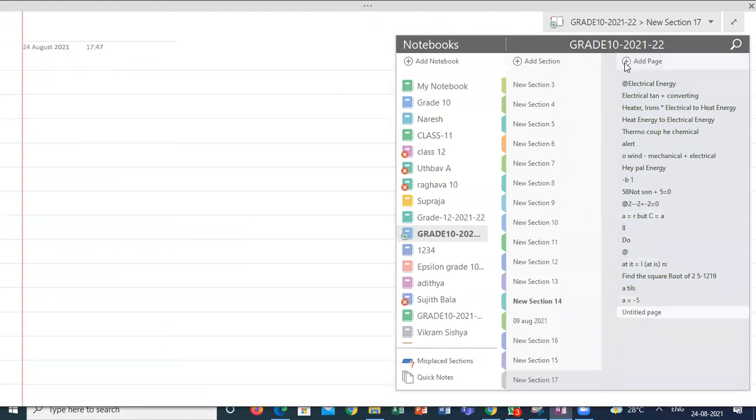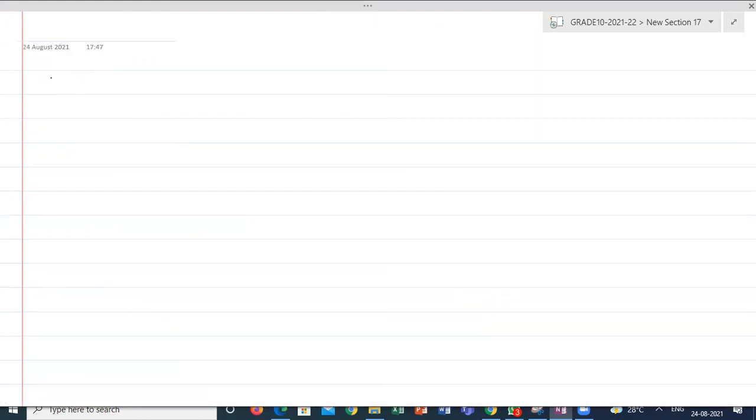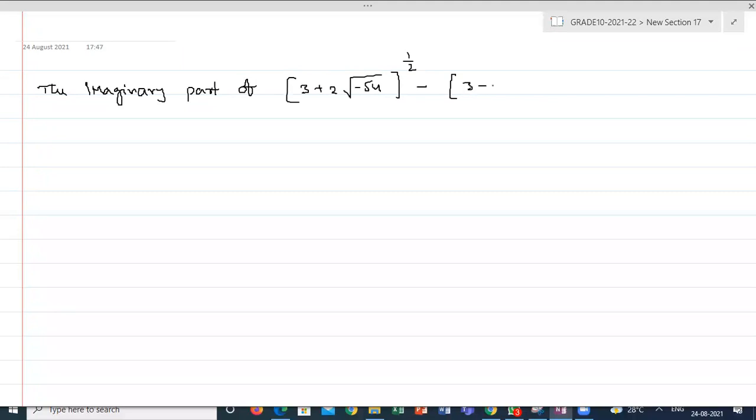One more question related to this. Find the imaginary part of, this is an MCQ, the imaginary part of the square root of 3 plus 2 root minus 54 minus the square root of 3 minus 2 root minus 54.